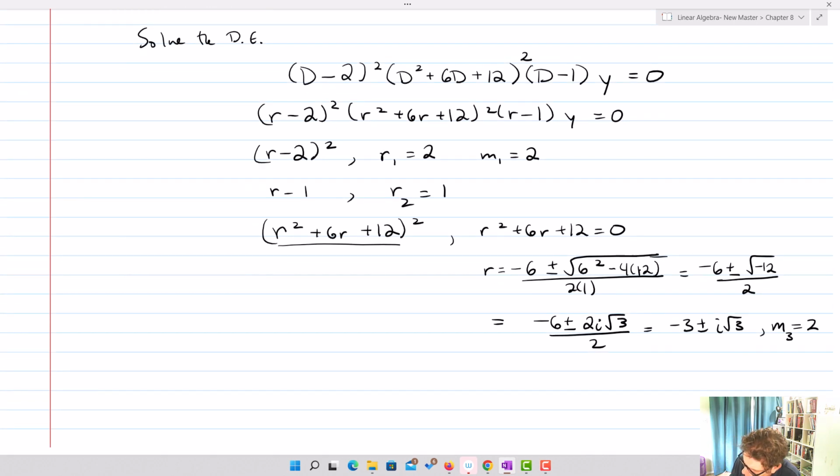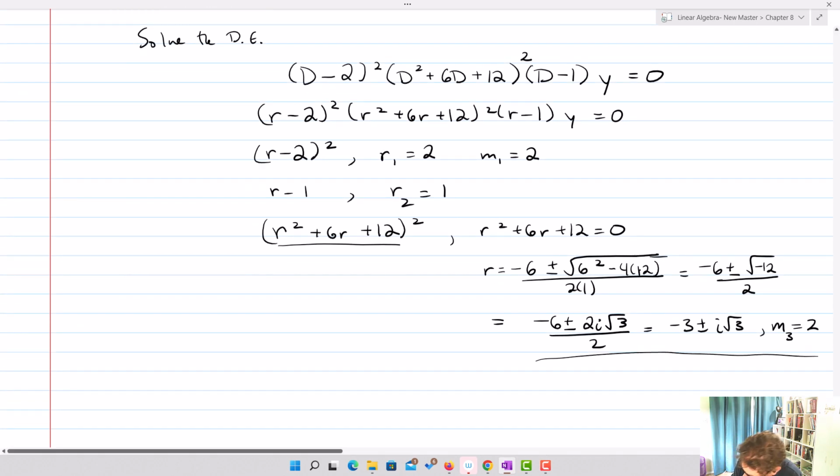So now we're going to use these. We're going to actually break out all of our different techniques here. We'll first start out with our repeated roots for r1. So y is going to equal C1 e to the 2x plus C2 x e to the 2x, because we have the repeated root. Plus, then we'll have r2 equal to 1, that's just going to be C3 e to the x.